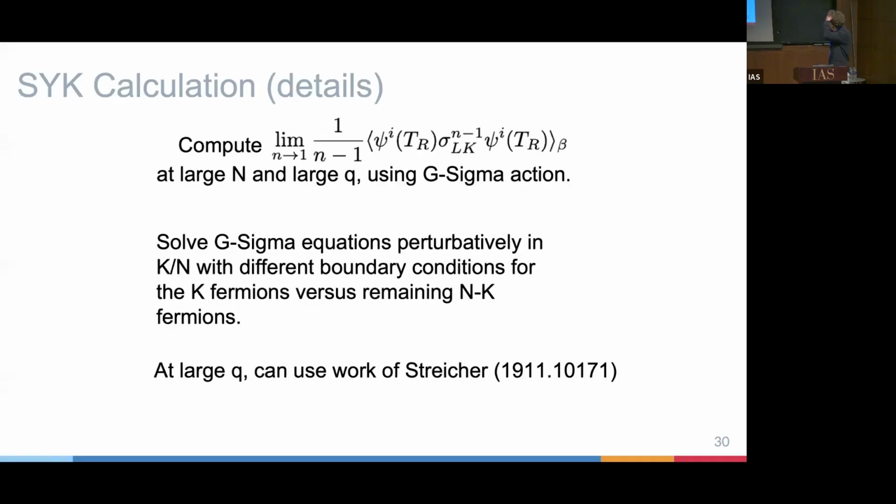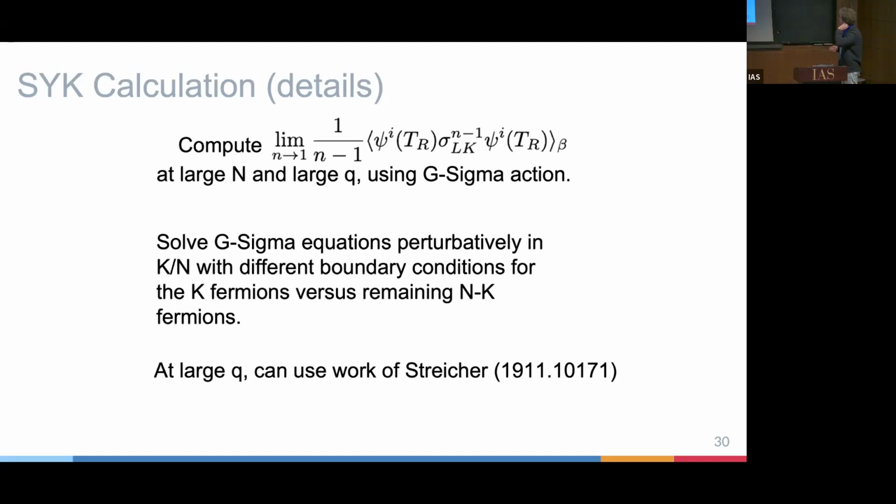And now we wanted to compute this modular energy, and it has log of some operator in it, and we know how to do that just using a replica trick. And if you write down what this replica trick is, you can actually solve for this correlation function at large N and also at large q using the G sigma action.